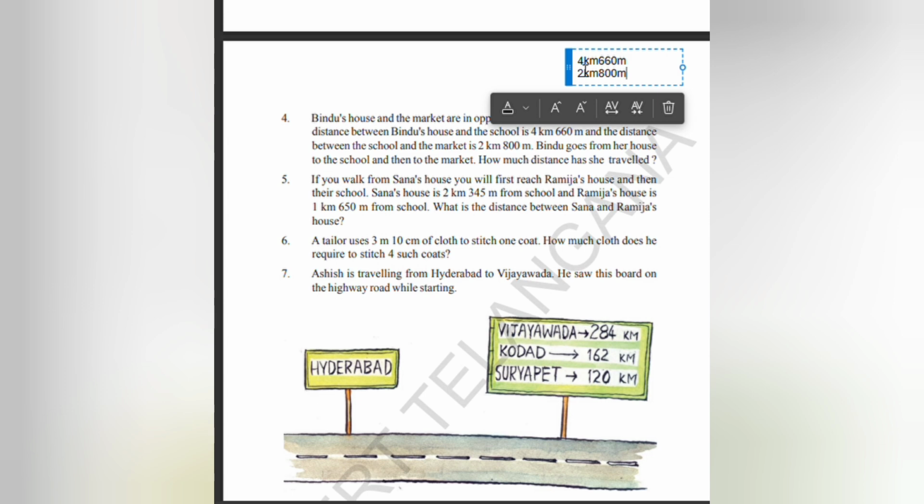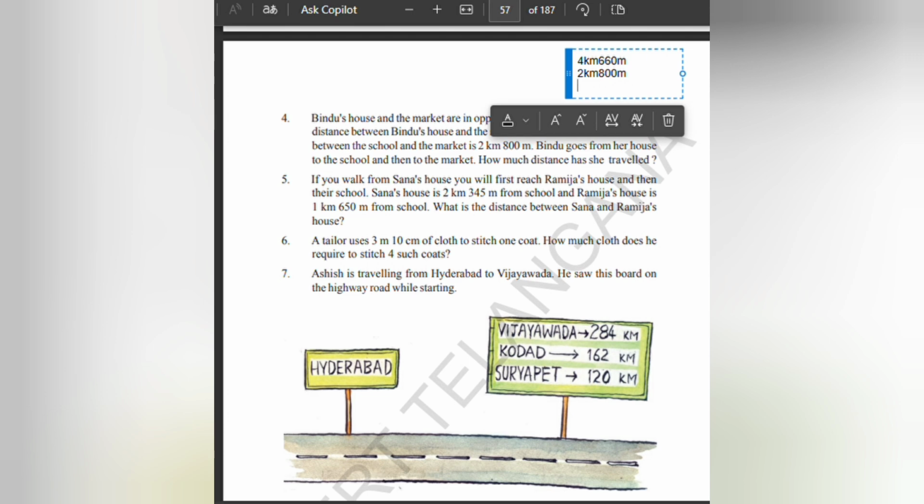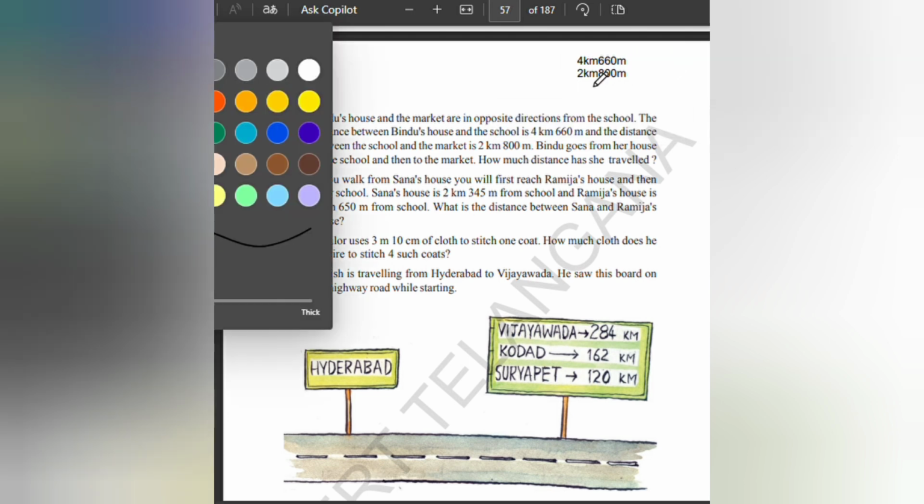How much distance has she traveled? We have already said that the school is in the middle, and the house and the market are in opposite directions. The distance to the school is given as 4 kilometers 660 meter and to the market as 2 kilometers 800 meter. So we have to add both. If we add, how much will we get?